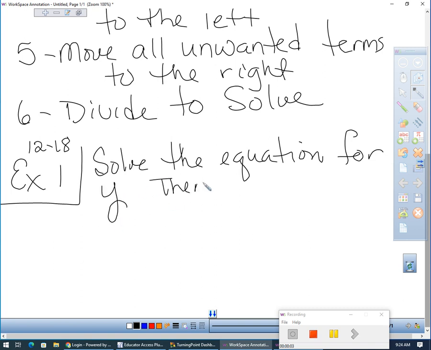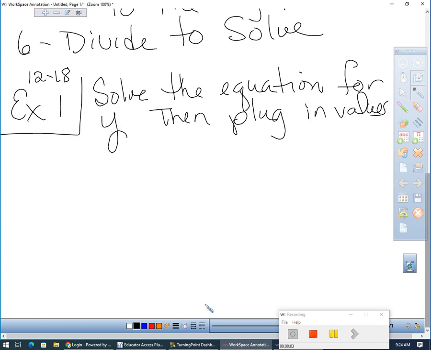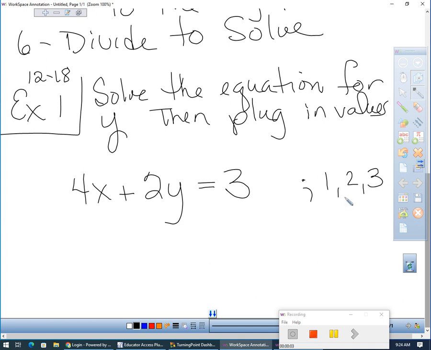Then plug in values. Okay, so it's going to look like this. You're going to have an equation that maybe looks like, let's go 4x plus 2y equals 3. And that's going to have a little semicolon, and it's going to ask you to plug in 1, 2, and 3. So the first thing we have to do is solve this equation for y.